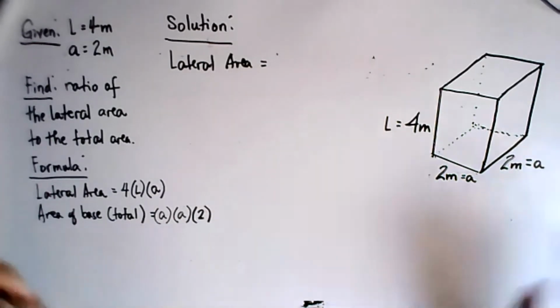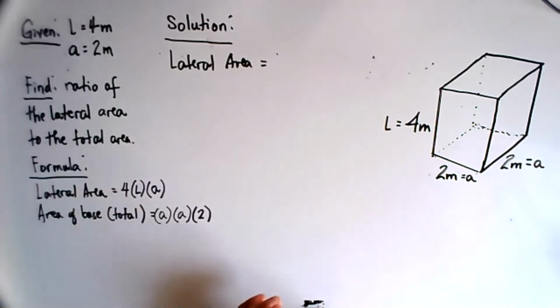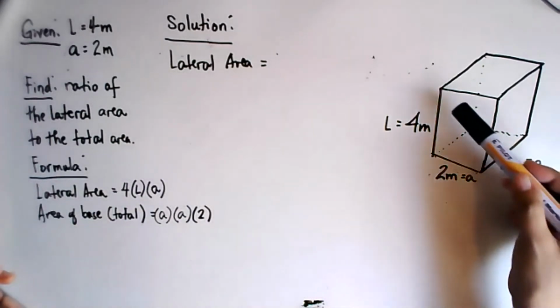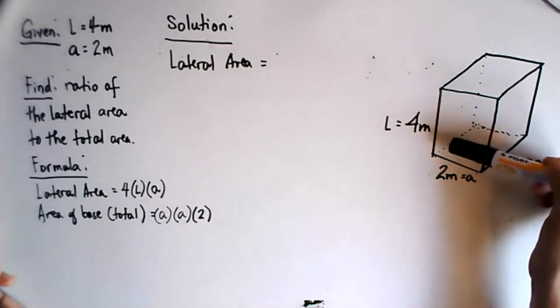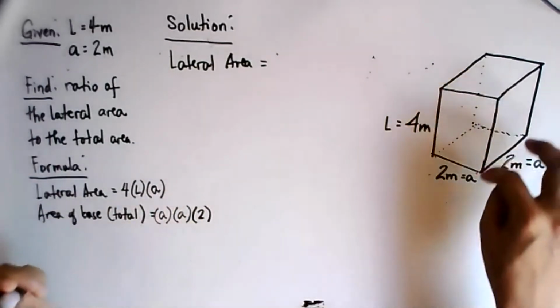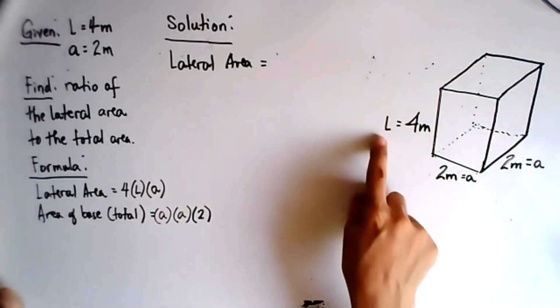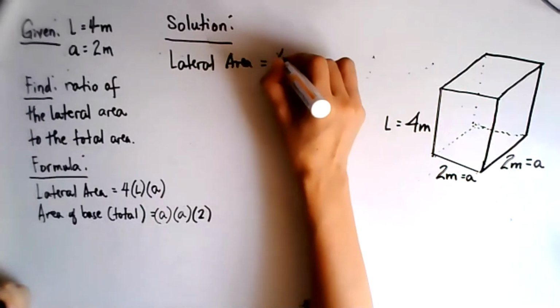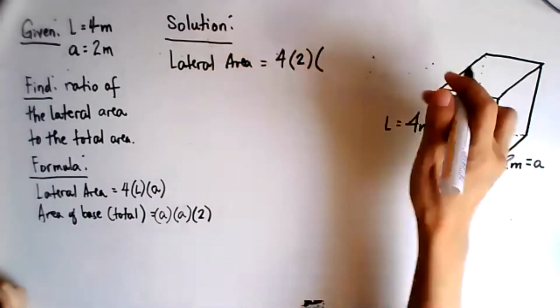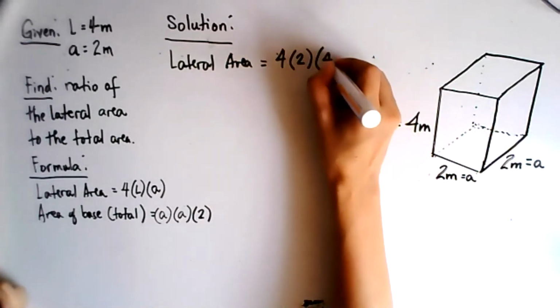Okay. So, we have the lateral area. And the lateral area is equals to, how many sides do we have? 1, 2, 3, 4. We have 4 sides. And the area of one side is A times L. So that would mean 4 times 2 times how many sides? We have 4 sides.